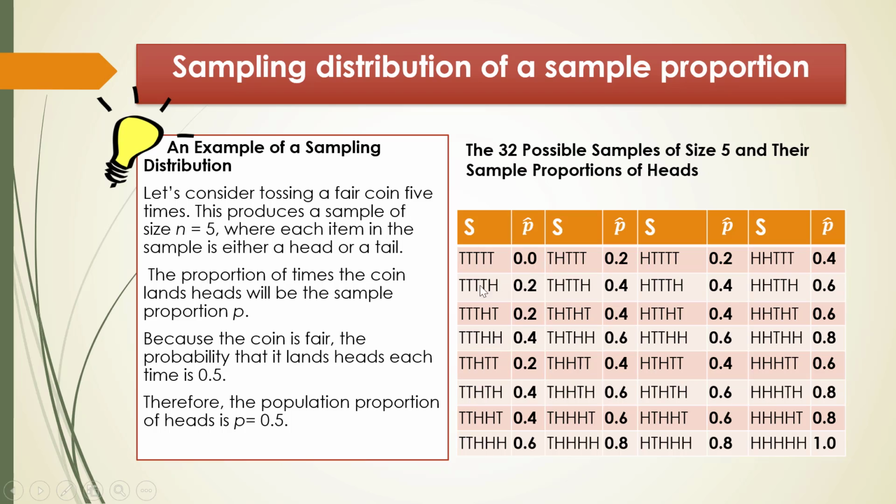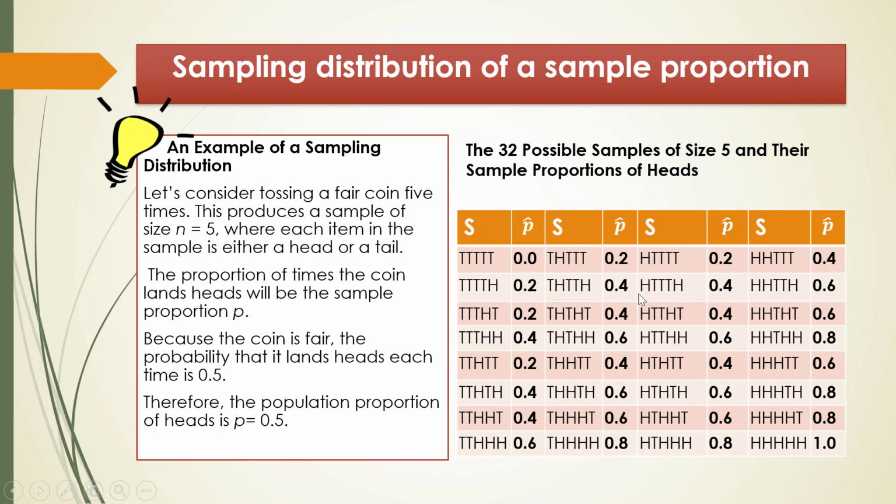For example, the first sample, tail, tail, tail, tail, tail, has 5 items and none of them is head. So the proportion of getting head is 0. Similarly for the second sample, tail, tail, tail, tail, head, we have 1 head out of 5 tosses. So the proportion of landing head is 1 out of 5, which is 0.2, and so on for the rest.